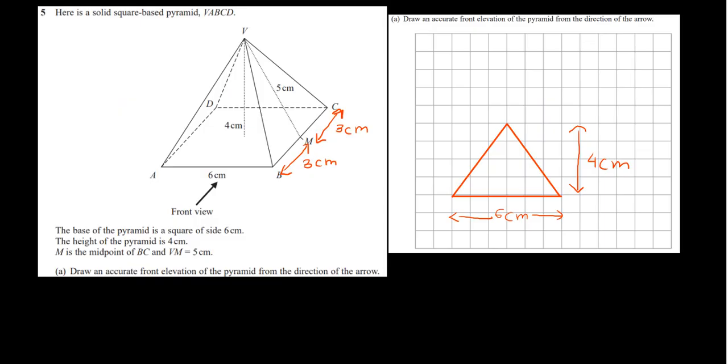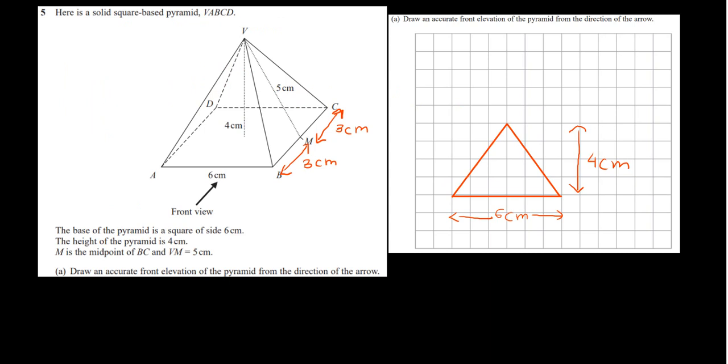the base is going to be 6 centimeters, but the height is not going to be 4, it's going to be 5 centimeters.